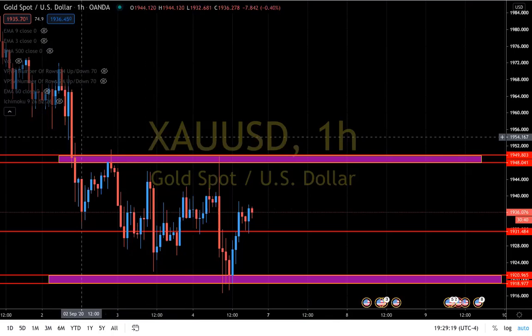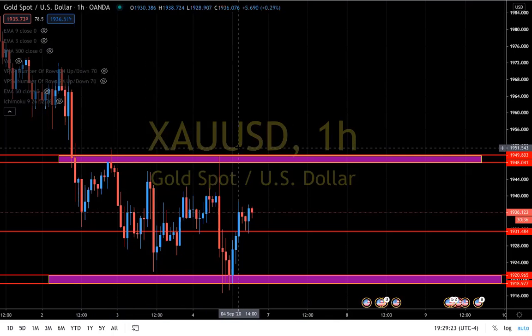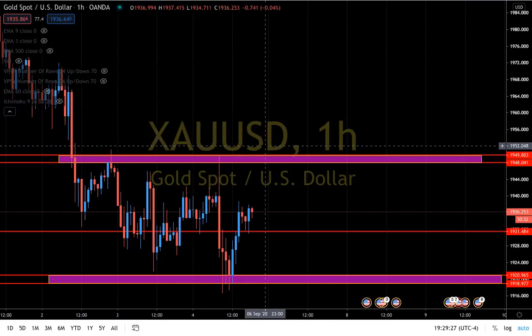You see those wicks right there. So either you could do it above those wicks, like you could put it right here. You can put your entry right here for a buy, or you can put your entry right here for a buy. What would you feel comfortable putting a buy at?